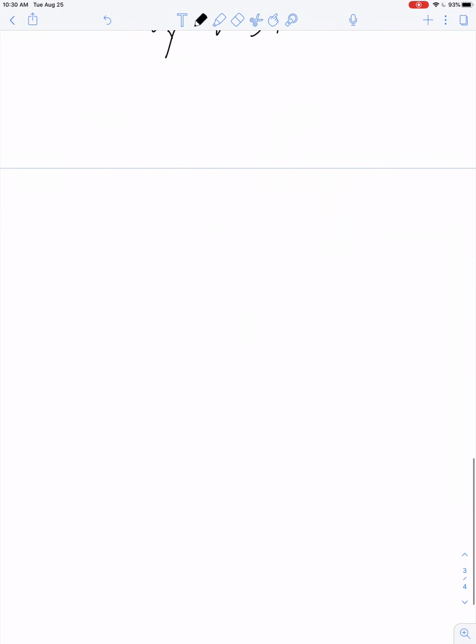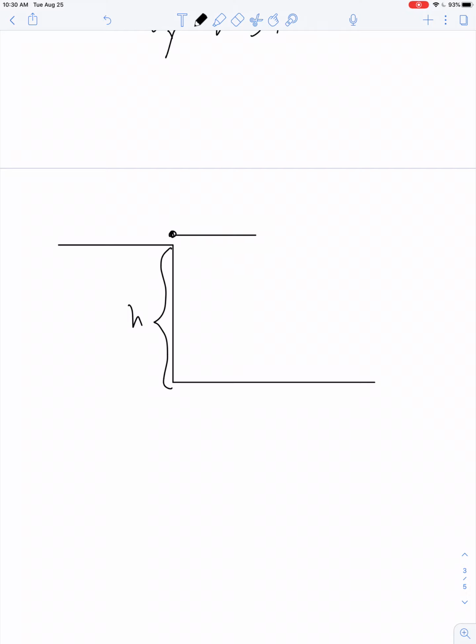So in problems of this nature, where an object is projected horizontally from some height, provided we know the height and we know the initial horizontal velocity, given those two quantities, we can find A, the time of flight, square root of 2h over g.